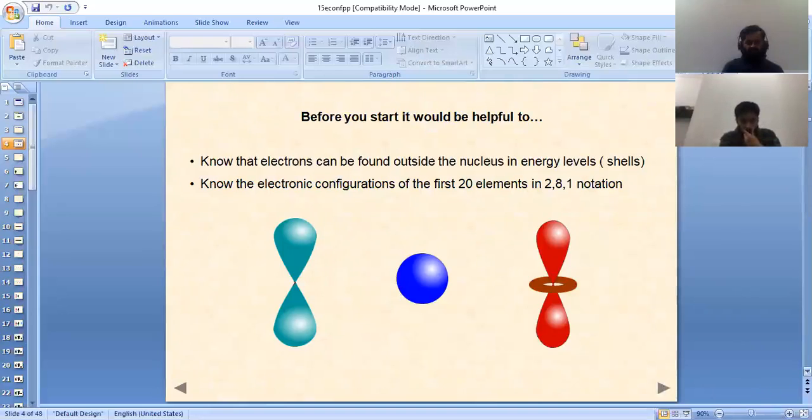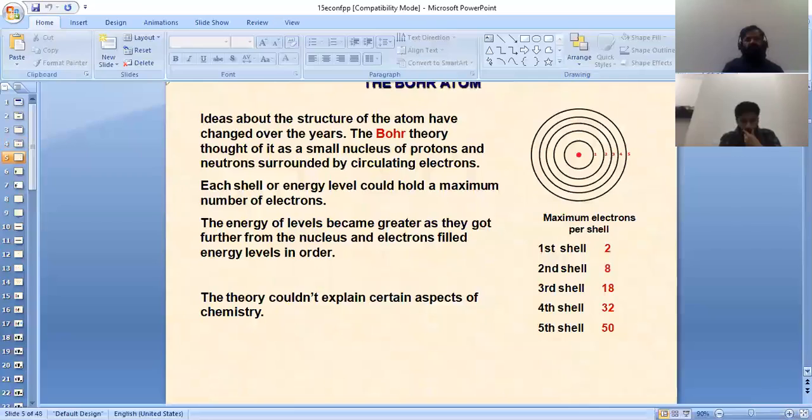So overall, if we check the Bohr atom, the first shell contains 2 electrons, the second 8 according to the 2n square formula, the third 18, the fourth 32, and the fifth shell 50 electrons.